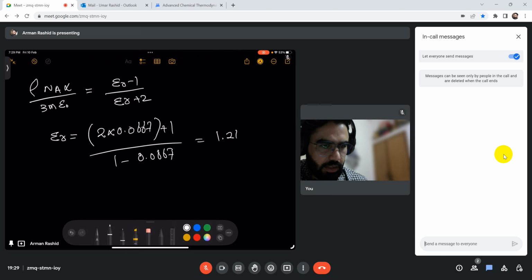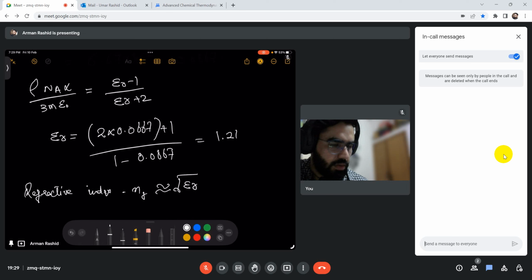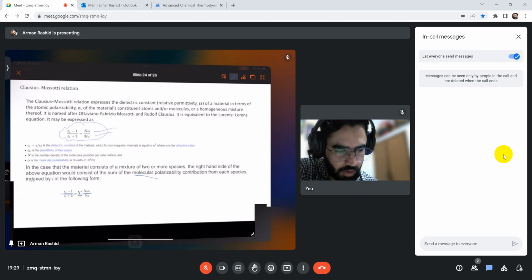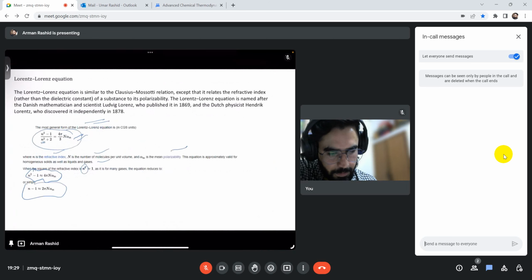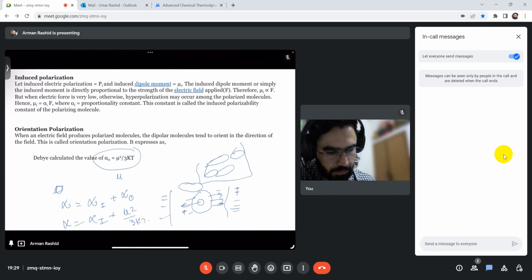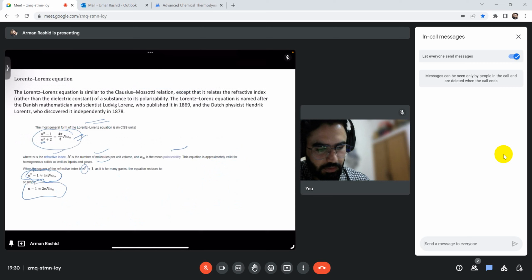We know that the refractive index n r is almost equivalent to the square root of epsilon r.